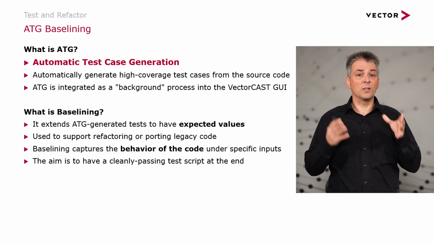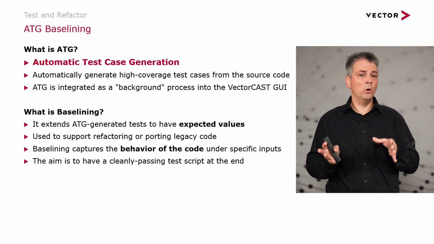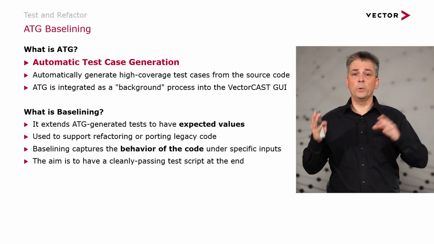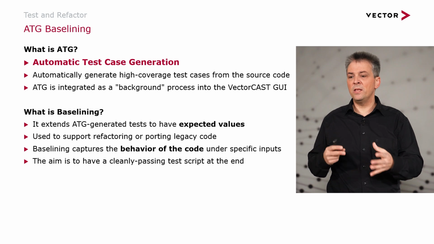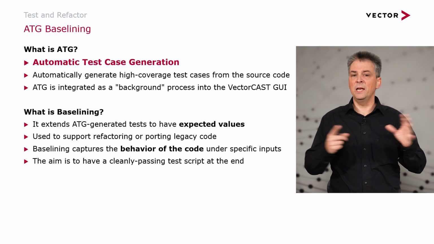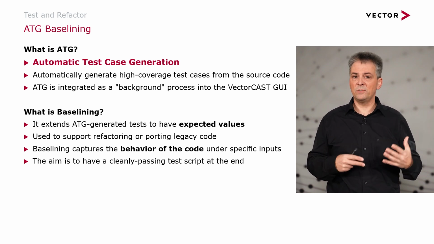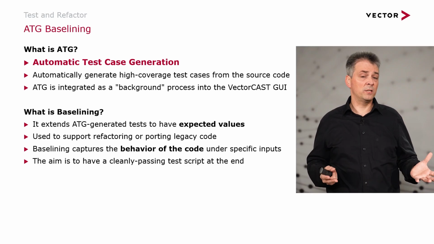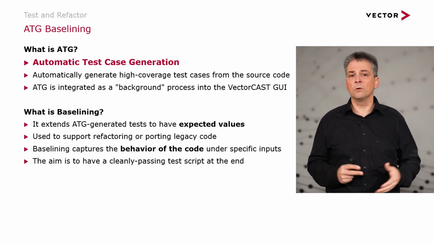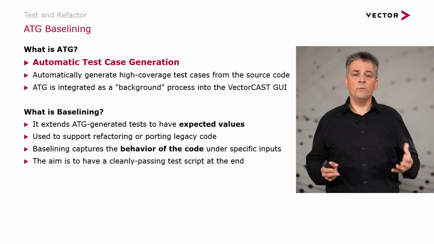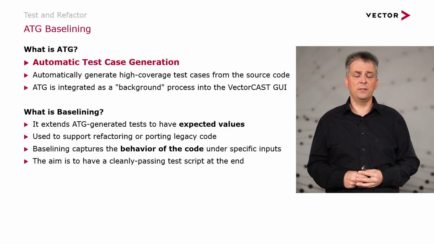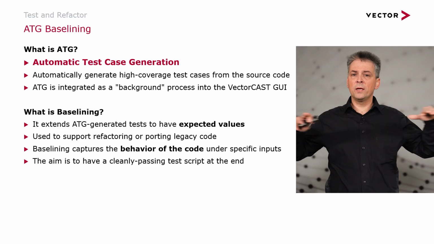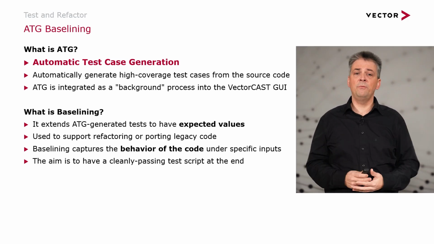Because we have captured the current behavior of the code, we know exactly when we put in this value we get this output, and then as soon as we change the behavior in a way that the input to output relation is different, we will have test cases that fail and we will have known that there were changes that we maybe did not foresee. And the aim of this ATG baselining is to have a cleanly passing test script at the end. So it's really drawing a baseline, assuming the current behavior is the one that we want to keep.